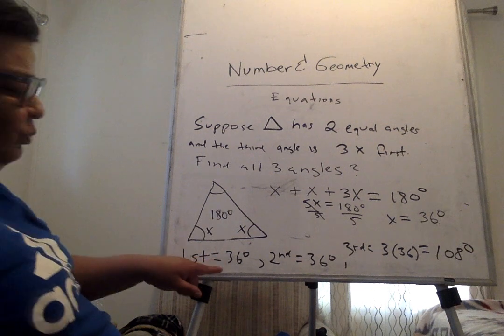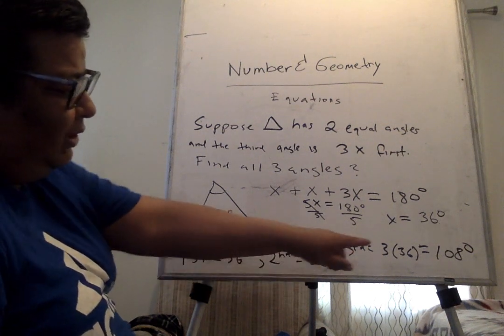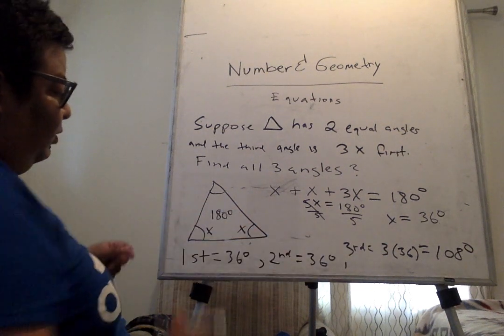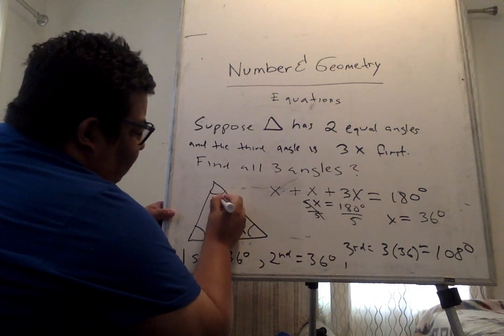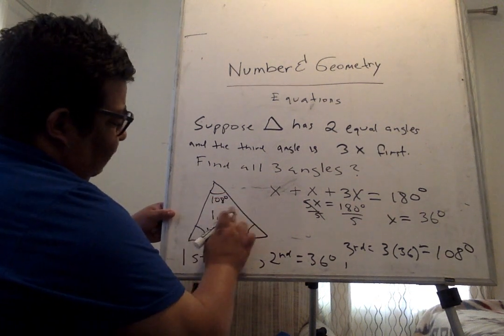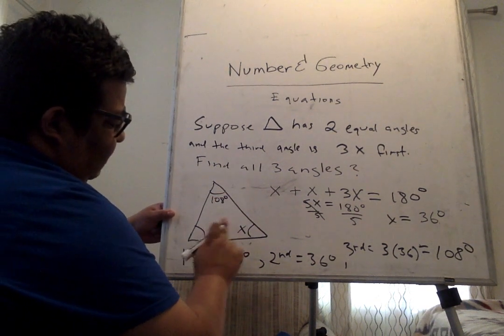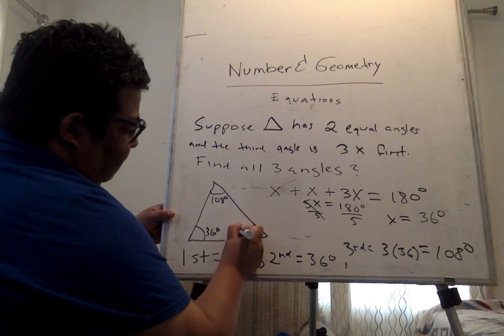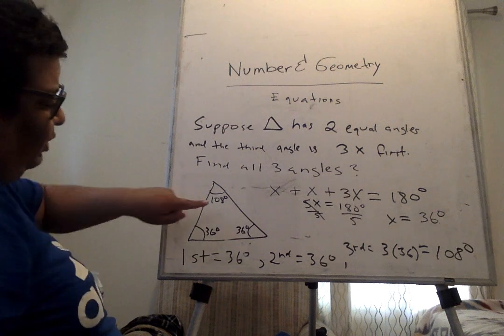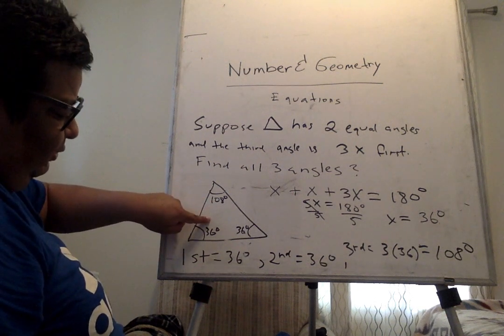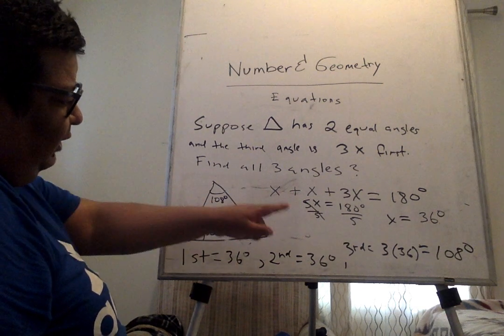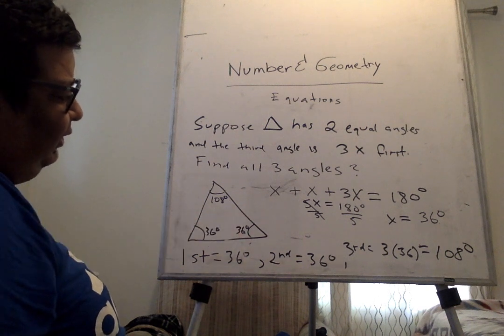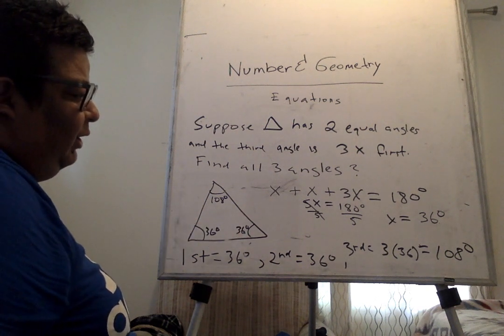So the first one is 36, the second is 36, and the third one is 108. And notice 108 plus 36 plus 36 should give you what number? 180. And you can check that with a calculator or with summation.